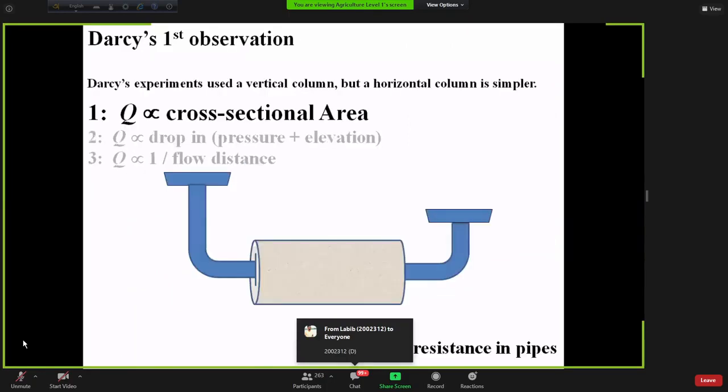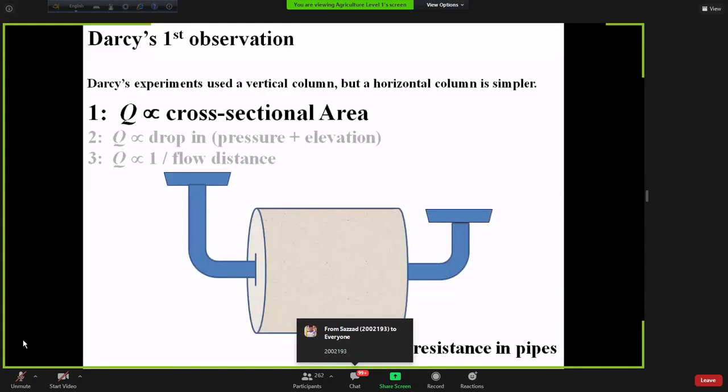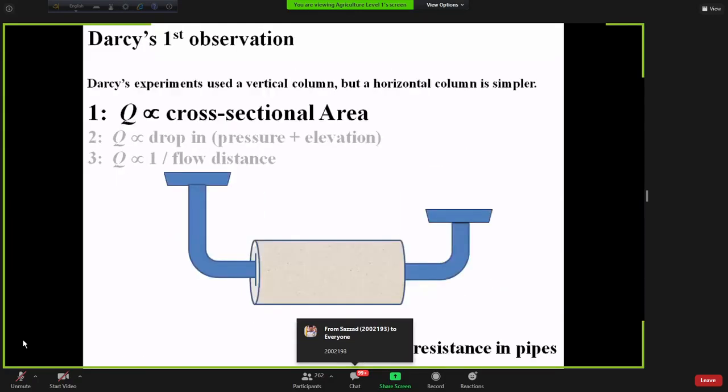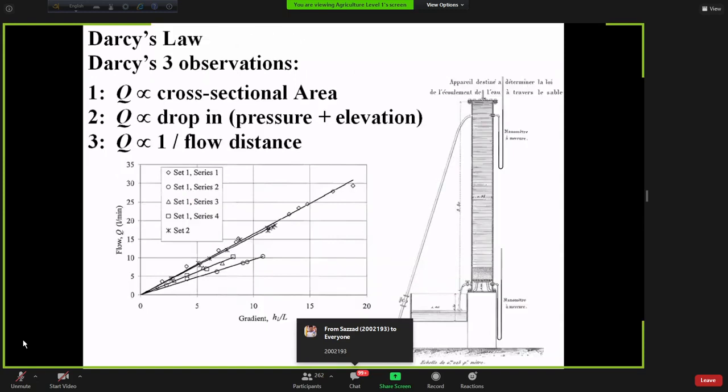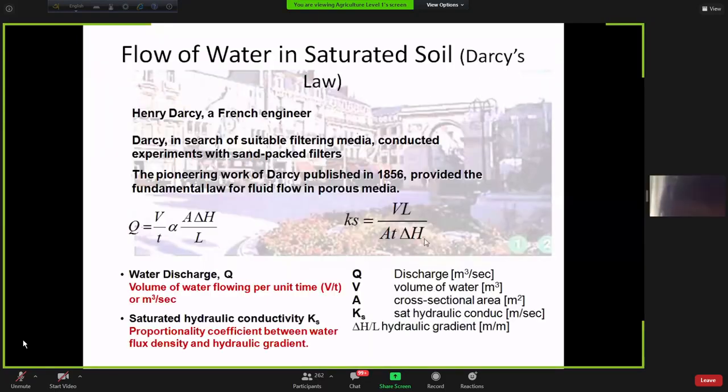From these three observations we can derive an equation, what we call Darcy's equation, this one, and from this equation we can calculate the rate of flow of water, which is hydraulic conductivity, Ks. Unit is meter per second, and we know the relationship of Ks with volume, time, and delta H is distance.